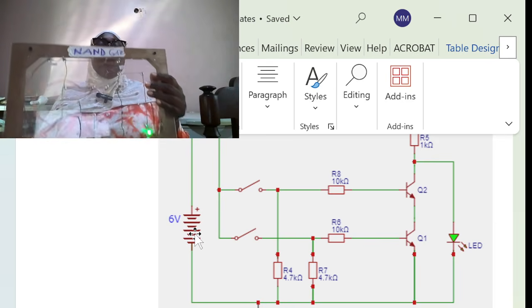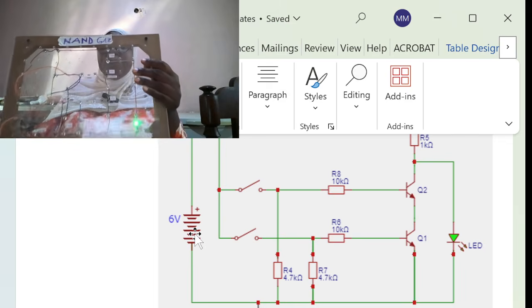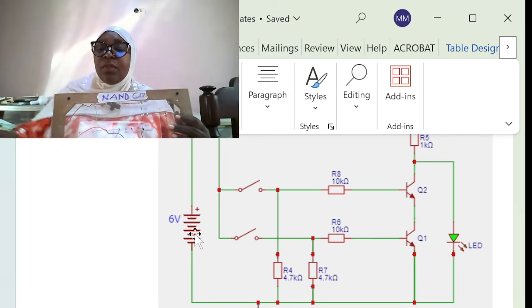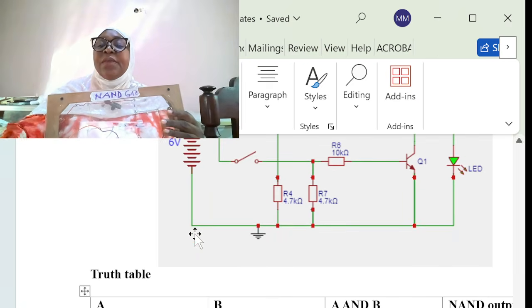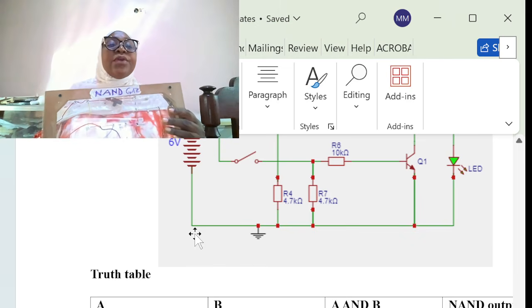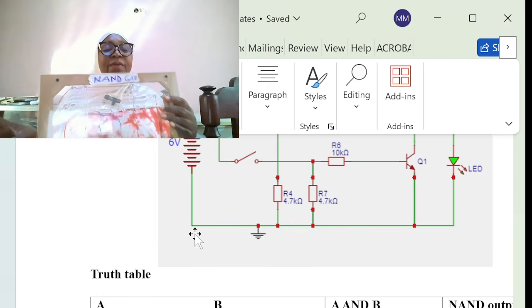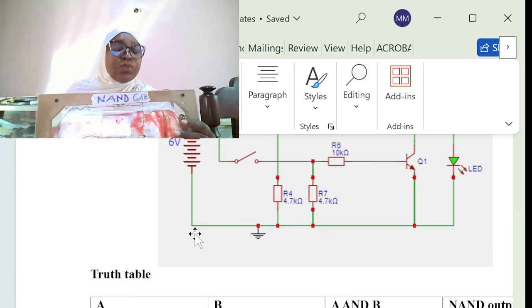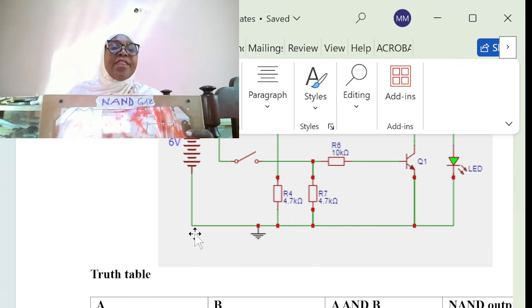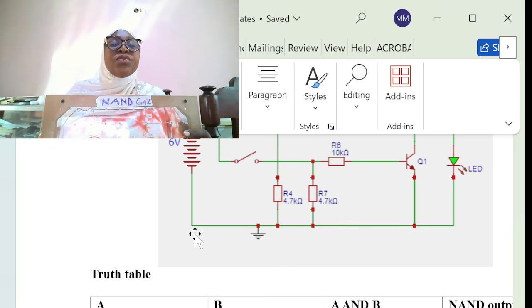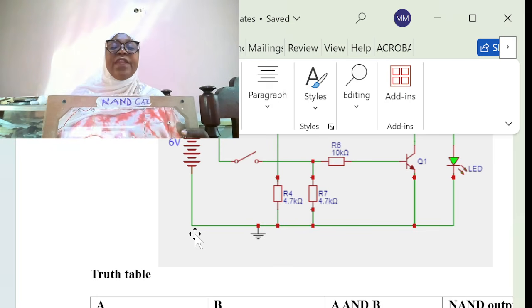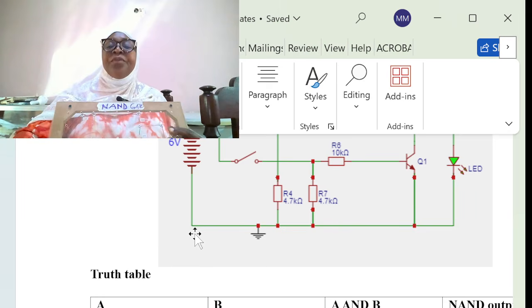So in this case, the working principle is: 1, 1 is 0, otherwise is 1. True, true is false, otherwise is true. This is the working principle of the NAND gate.